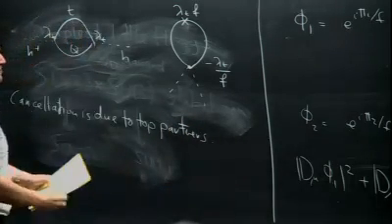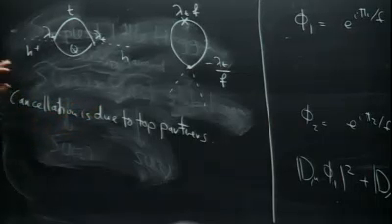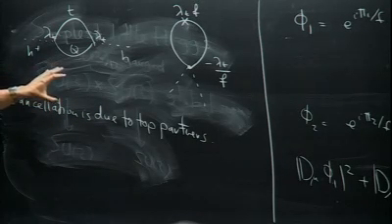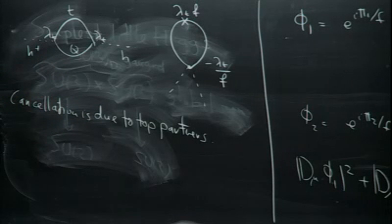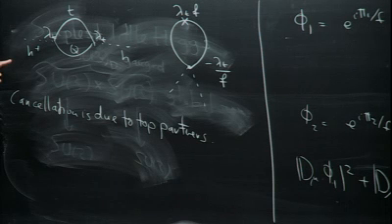These would be heavy versions of the top that are actually vector-like, so they can get a mass, but they can also interact with the Higgs, and their mass will be slightly dependent on the Higgs. That slight dependence is what gives you the cancellation.